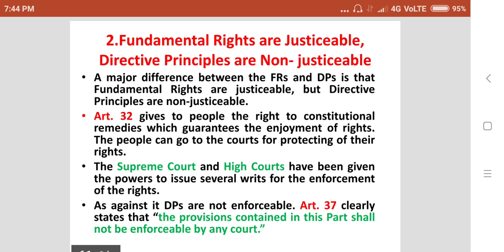The Supreme Court and High Courts have been given the powers to issue several writs for the enforcement of the rights.